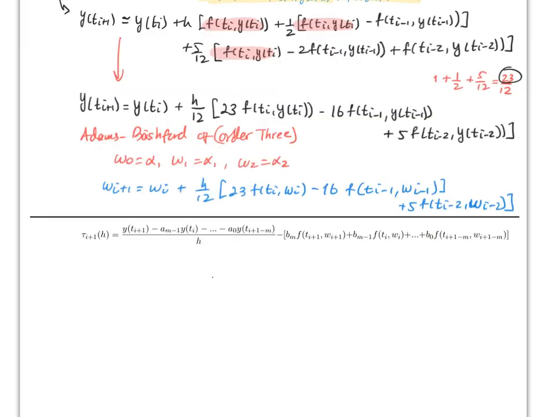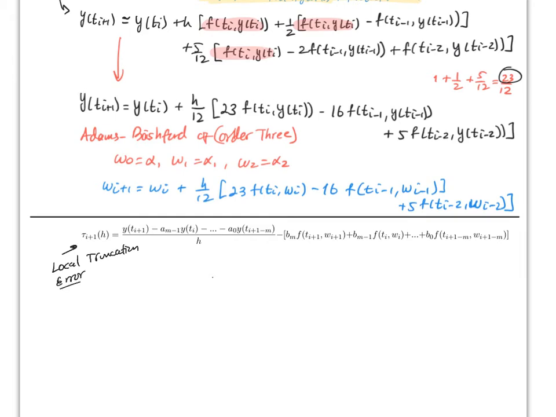Let's now take a look at the local truncation error. Remember that tau i plus 1 stands for the local truncation error.